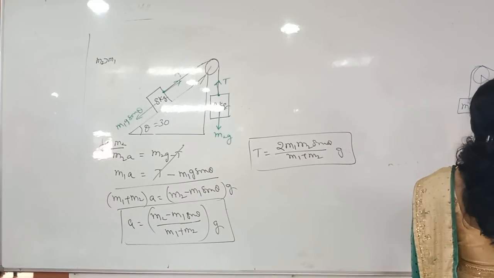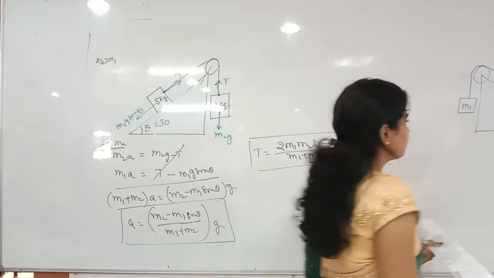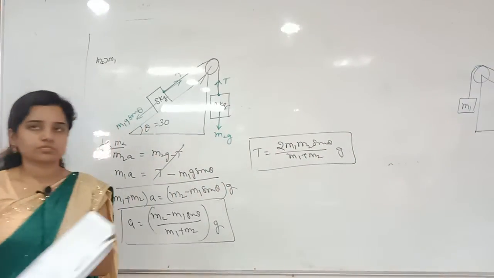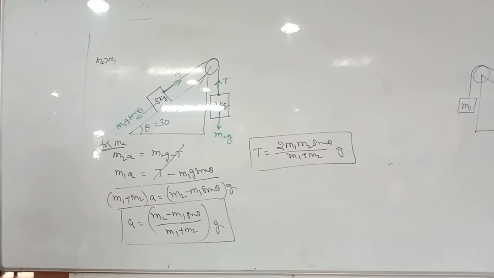Theta is 30 degrees. You cannot apply the direct formula. You have to do it in the equations only. Why? Because 3 masses are there.